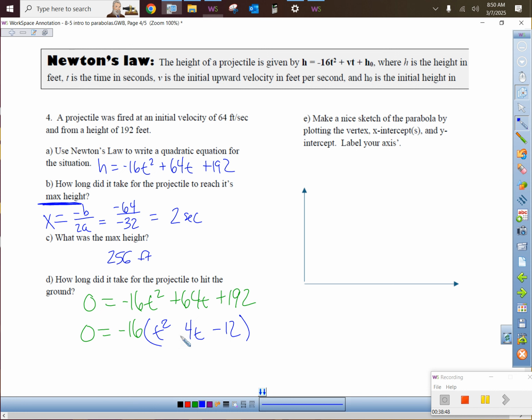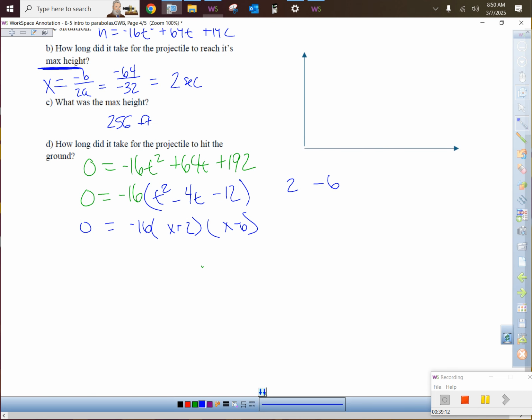You have to find two numbers that multiply together to be negative 12 and add together to be negative 4. That would be a 2 and a 6, but the 6 is negative. And then t could equal negative 2 or 6.